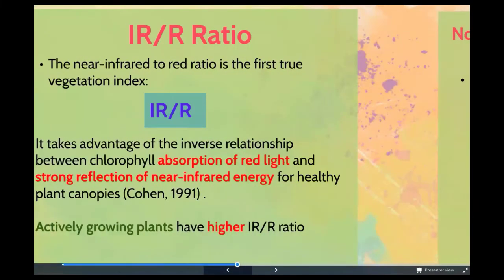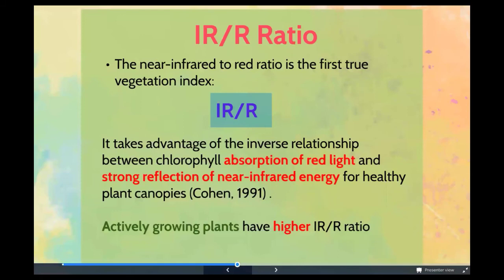So the problem with the IR and R ratio, as you folks can imagine, we know the red edge, we know the sharp transition from red to near infrared, which is to say, the value will get really high whenever we're looking at vegetation. So which is okay. However, whenever we're talking about calculating some metrics or some indices, usually we want to normalize so that we do have a general reference on what high means.